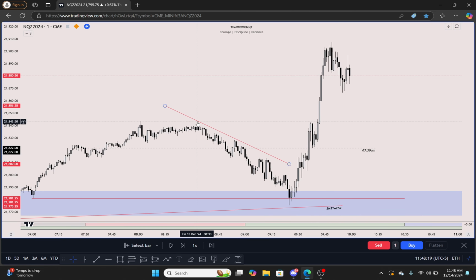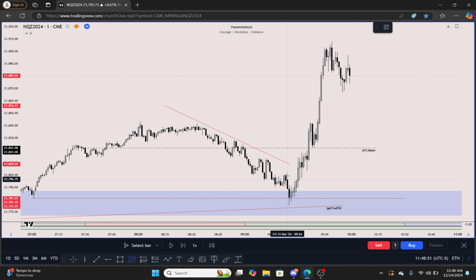Okay, so notice we dropped below true open. So now we're looking for bullish SMTs as well as a turtle soup below the true open. Okay, this starts the entry drill. You can see from where we entered how quickly price expands and leaves that area.